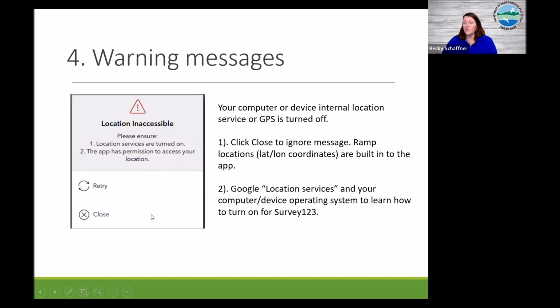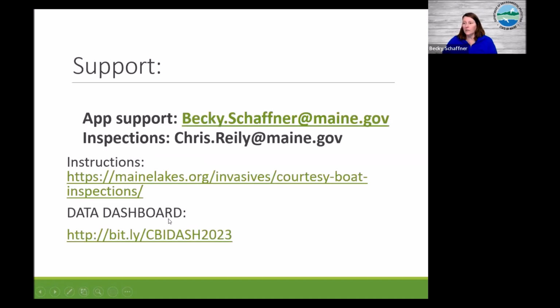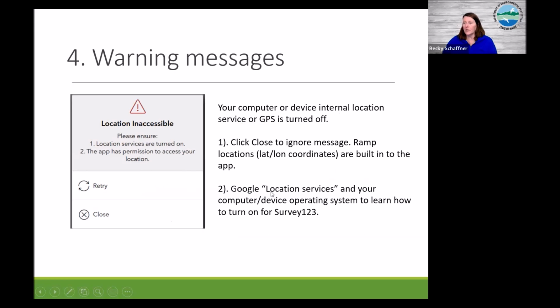And again, it's not critical here. All you have to do is click close to ignore that message if you don't want to turn on the GPS or the location services. The ramp locations are all built into the app and automatically populated, so you don't need to worry about actually collecting your current physical location.